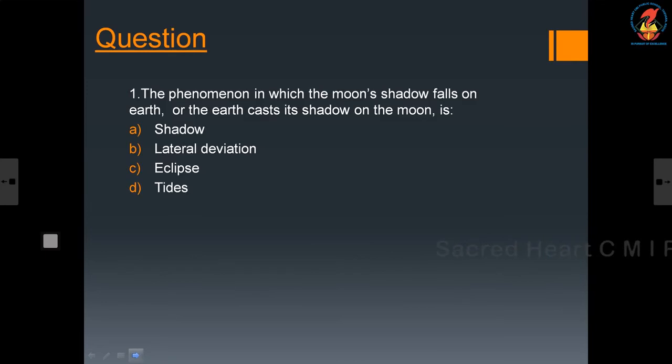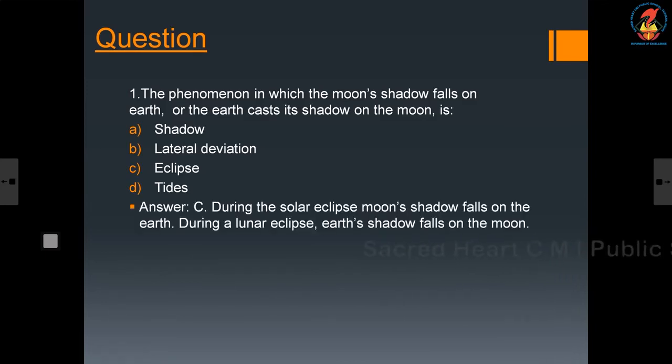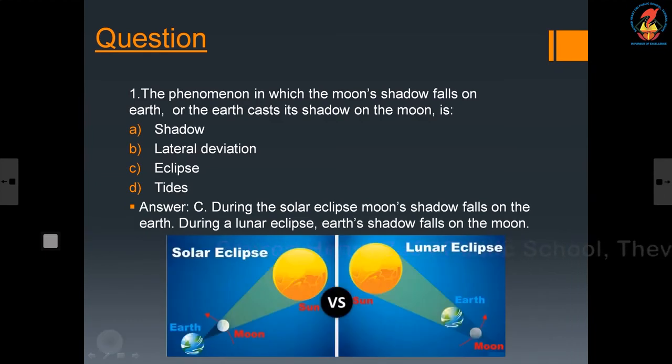Okay. I think now you got the answer. Actually, it's eclipse. During a solar eclipse, the moon's shadow will be there on the earth, and during a lunar eclipse, the earth's shadow will be there on the moon.